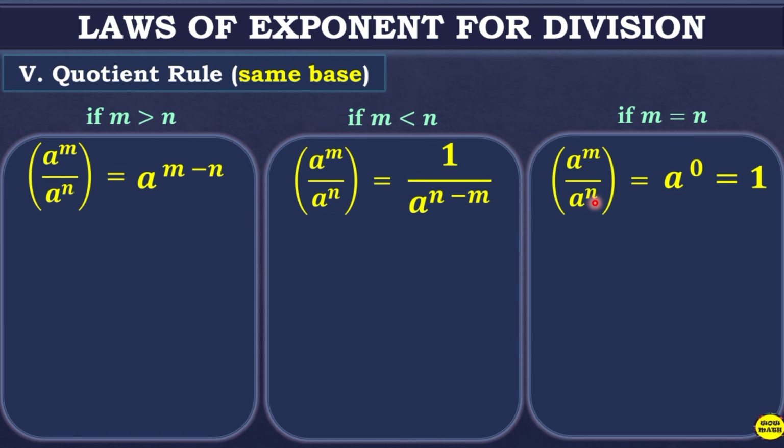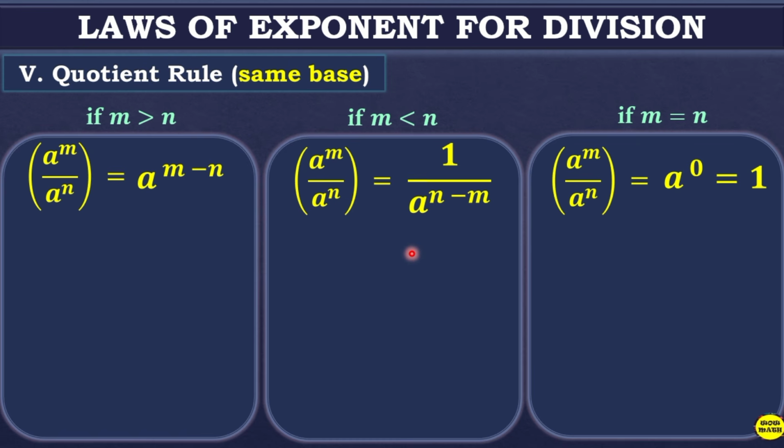Again, kapag same base, ima-minus po natin. Kaya tingnan nyo, lagi po siyang minus. Ito, m minus n, pag equal yung exponents nila, nagiging 0. Ganun lang po ang tatandaan.